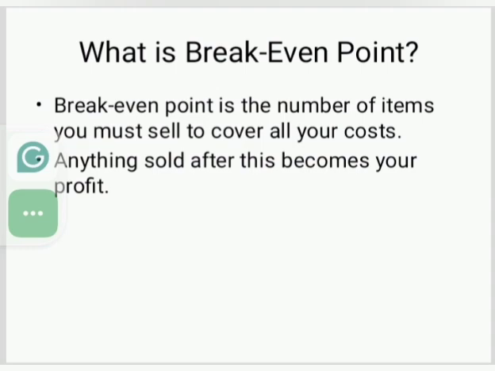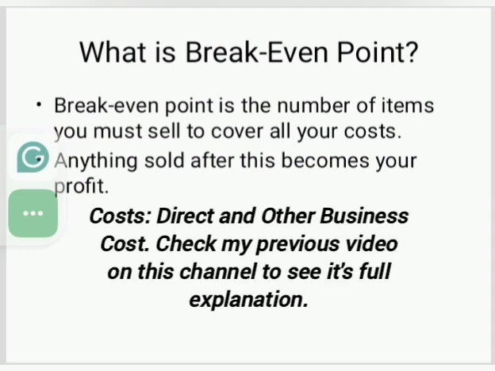Remember in our previous class, I talked about costs, where we have direct costs and our other business costs, which is also known as other operational costs. The actual accounting term for that cost is your fixed cost or your overhead cost. But because we are about eliminating all jargon and making life easier for business owners, I decided to use the term other business costs.